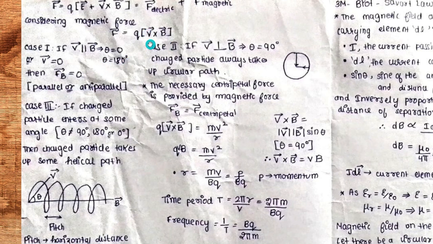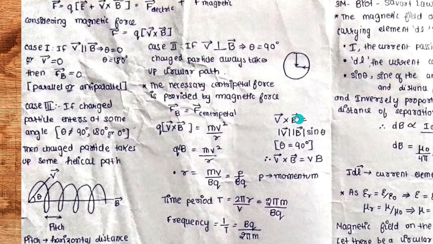So we have a cross product here. What is v bar cross B bar? We will get vB sine theta. The cross product gives us magnitude of v into magnitude of B into sine theta. So if theta is 0 or 180 degrees, sine theta becomes sine 0 or sine 180 degrees, which is 0 itself.